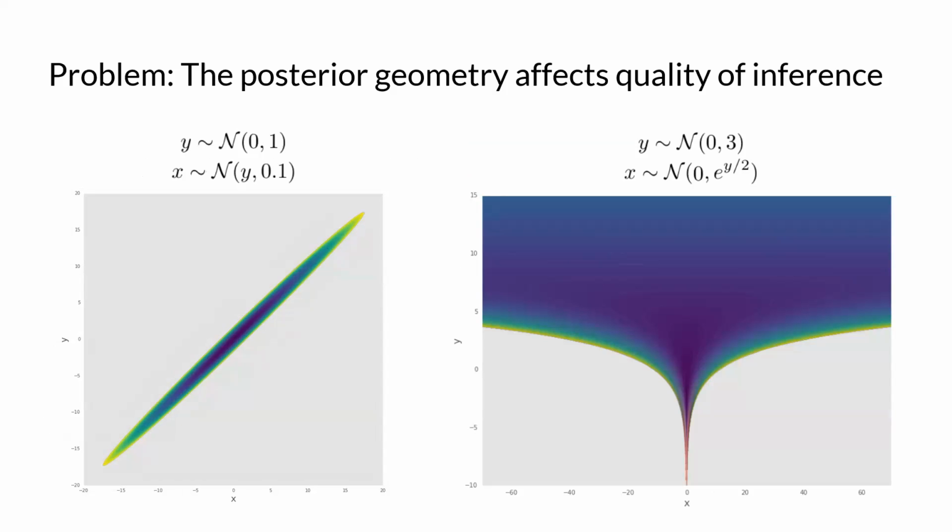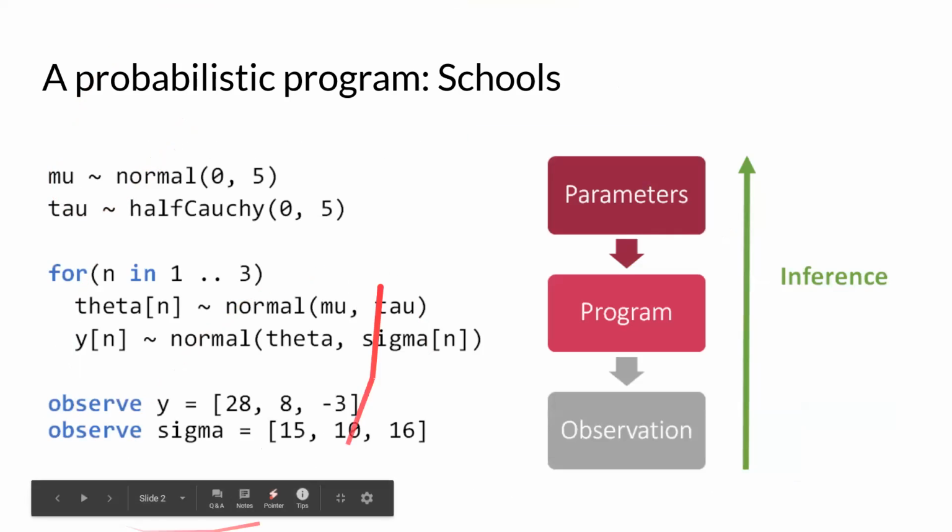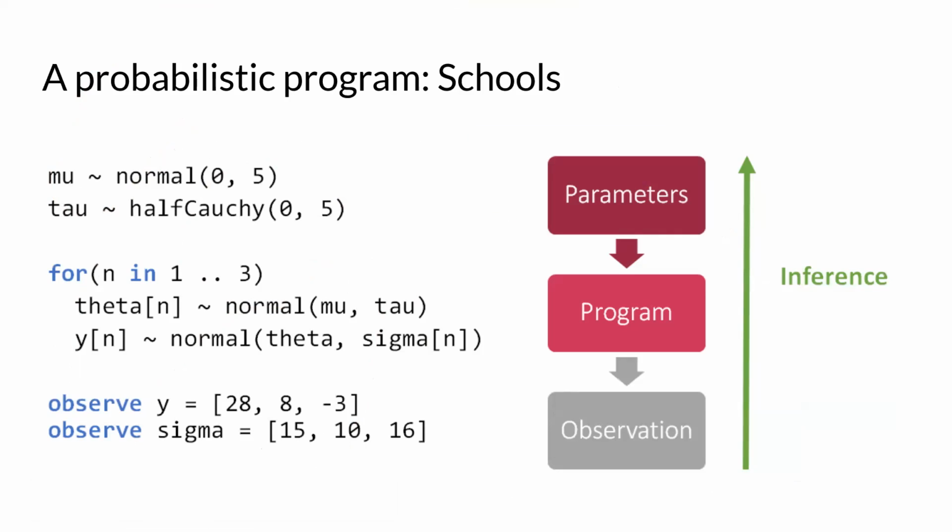The goal of probabilistic programming, as I mentioned before, is really to do this inversion process when we infer a posterior distribution in an automatic way, right? We only provide this program as a user, and then we hit run and we get some posterior over the parameters automatically.